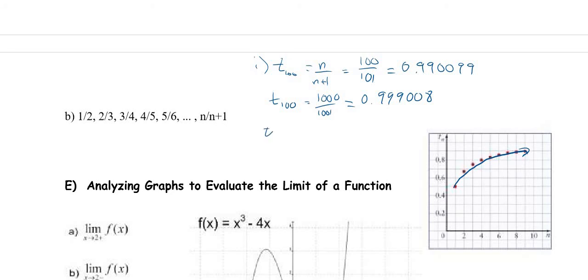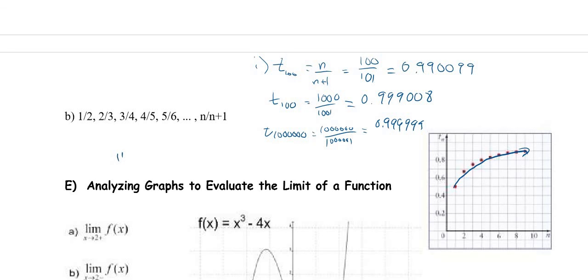Let's pick one more. Let's do 1,000,000 this time. That's going to be 1,000,000 over 1,000,001. That's going to be 0.999999. So in fact, as we get bigger and bigger, we get closer and closer to 1.